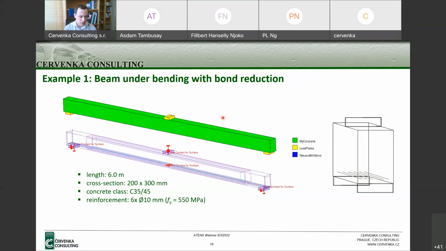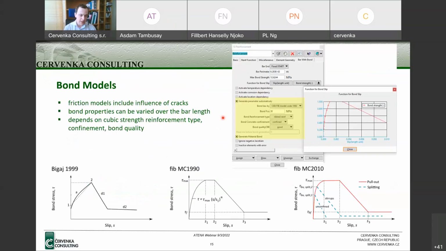But generally the procedure will be that you will find some literature data or your own experiment data, how the bond is reduced with respect to the reinforcement corrosion. For your model, you can directly apply some corrosion phenomenon on the model, either as a chloride induced corrosion or carbonation.